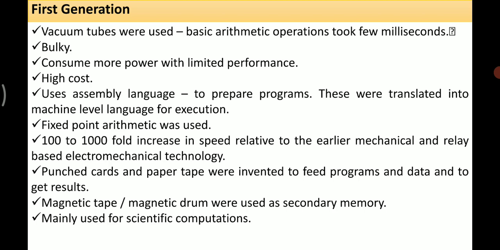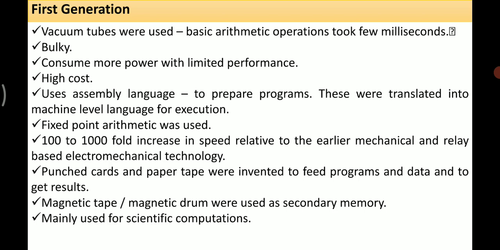They made use of the assembly level language. This assembly level language was used to prepare the programs, and these programs were translated into machine level language for the execution.